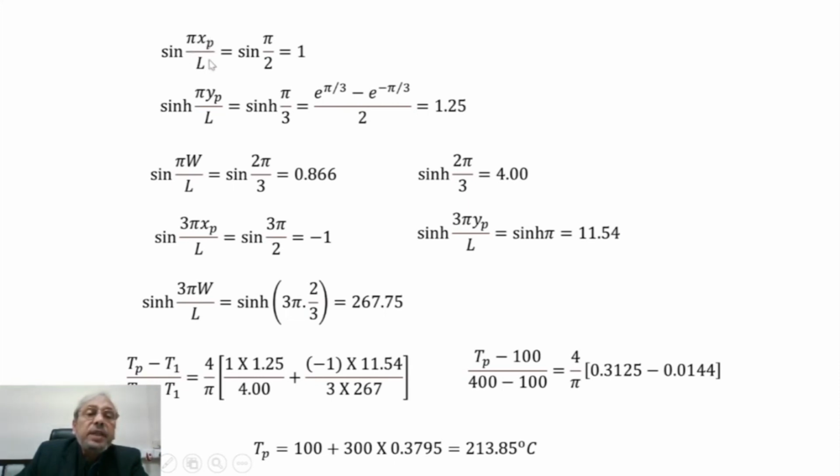Sin(pi xp by L), which is sin(pi by 2), equal to 1. Sinh(pi yp by L) equal to sinh(pi by 3), which is equal to 1.25. Sinh(pi w by L), which is 0.866. Sinh(2 pi by 3), which is 4.